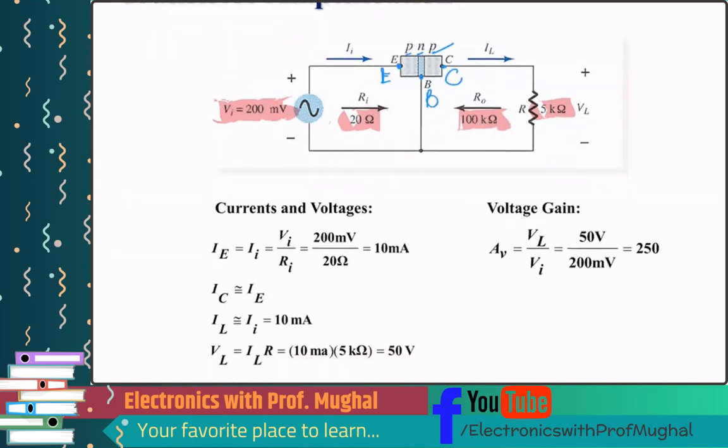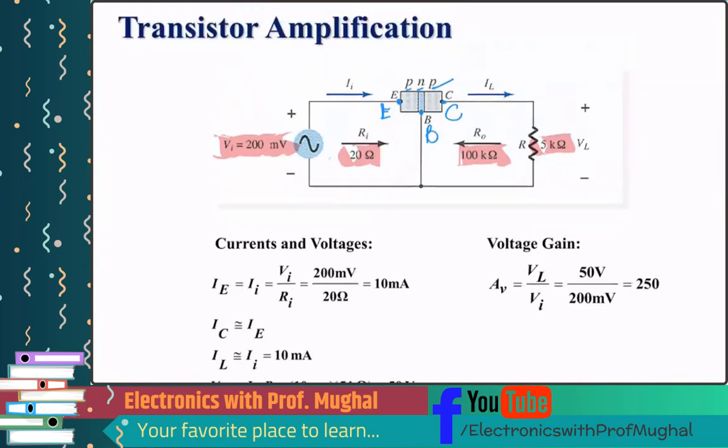Now, what they want to measure is how much the voltage gain would be. Because this is amplification, you would think, you have a 200 millivolt signal, hopefully it will be amplified, but how many times it is amplified is what we are trying to find out.